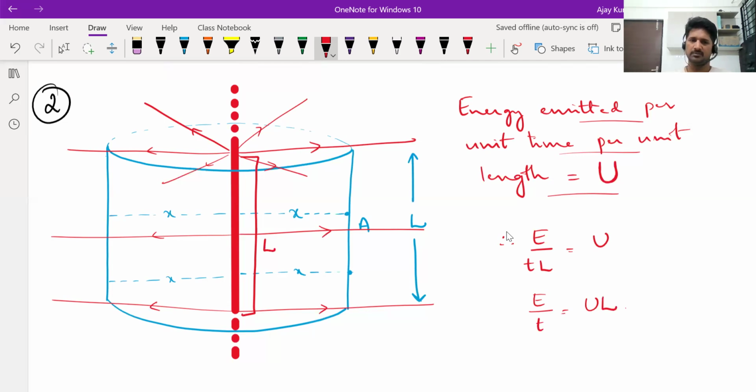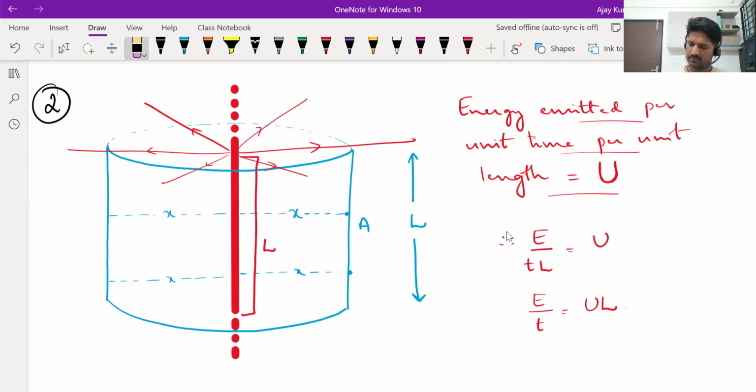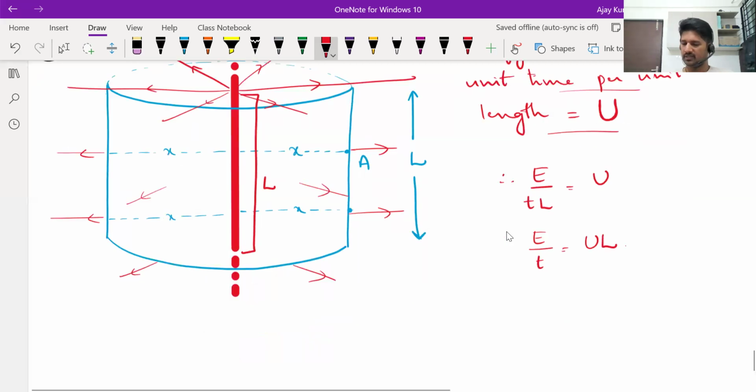If it is emitting that much energy per unit time, that same amount of energy per unit time will pass through the cylinder. To make visualization better, you can imagine the energy passing through the cylinder.